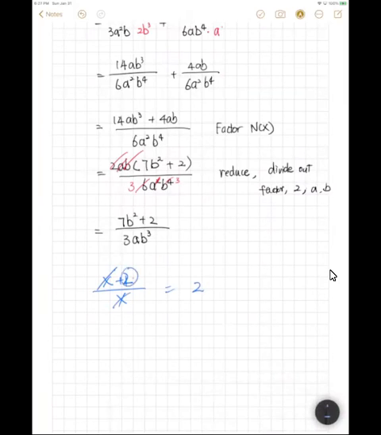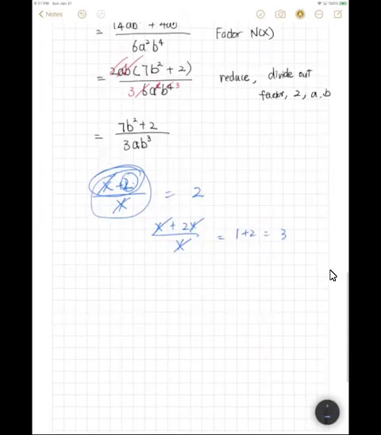X is not the common factor of the numerator, so that's why we can't just divide the x out like that. If x is in every term, we can divide the x out, and that will end up to 1 plus 2, which is 3. This is correct, right? What I did previously is incorrect. Please avoid doing that because lots of people make this mistake when I teach Math 111.